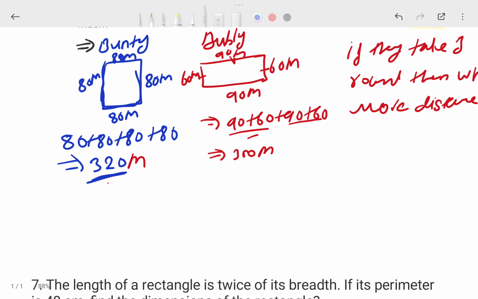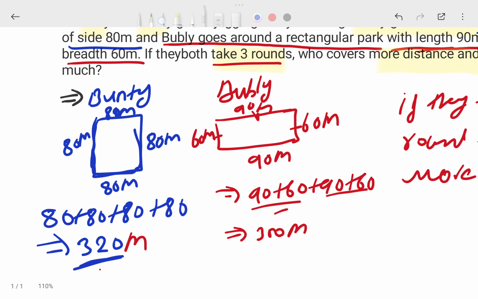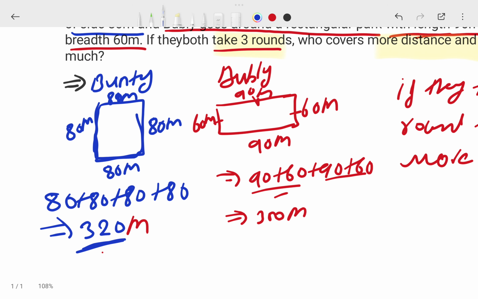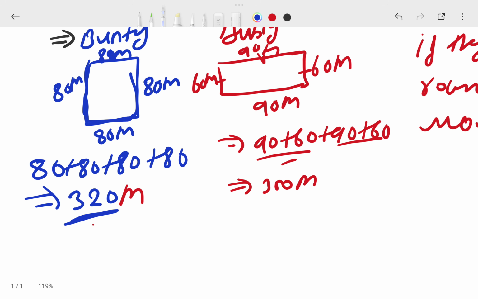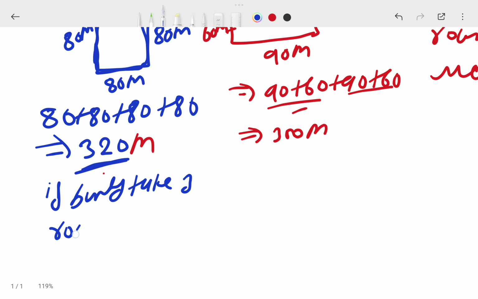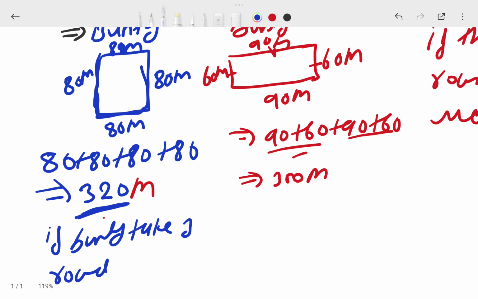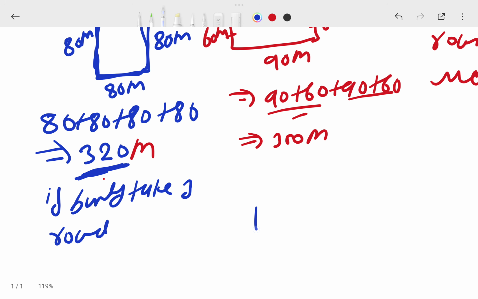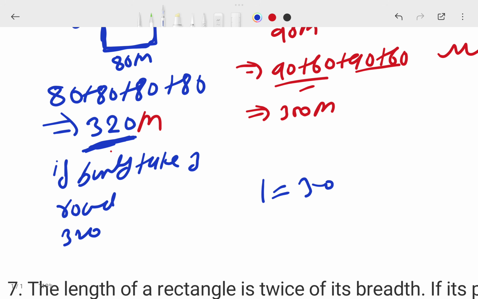If Bunty takes 3 rounds, what will happen in the total ground? This total ground is how many meters? 320 meters. So he takes 1 round, then he has to cover 320 meters. If he takes 3 rounds, then 320 into 3, if you multiply, it is going to be 960.